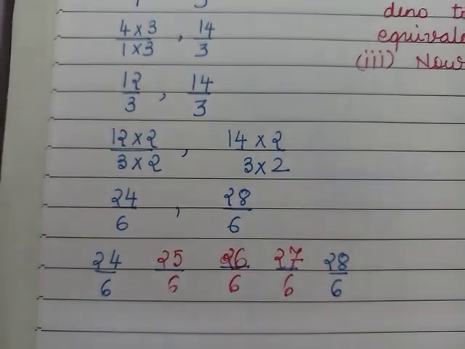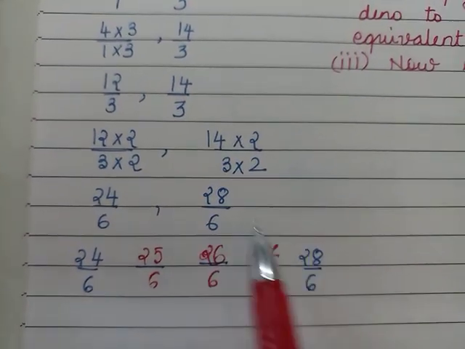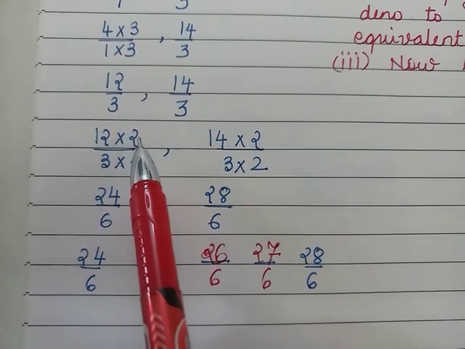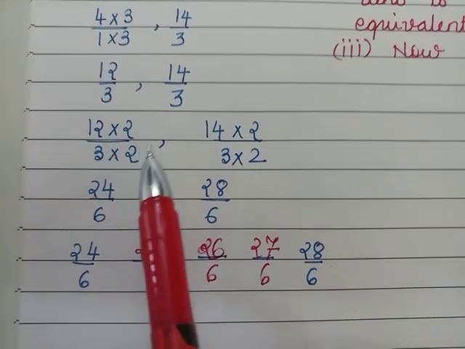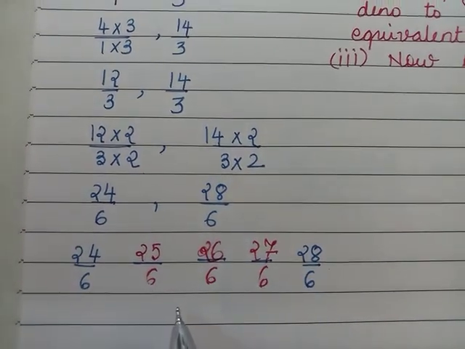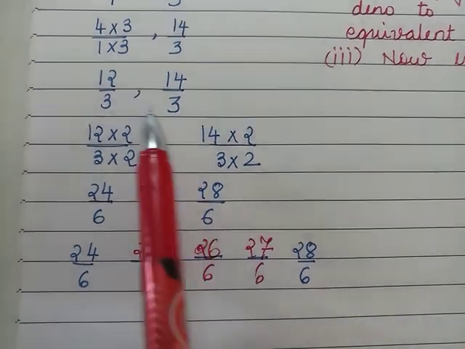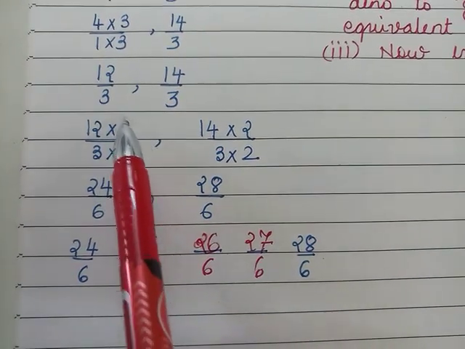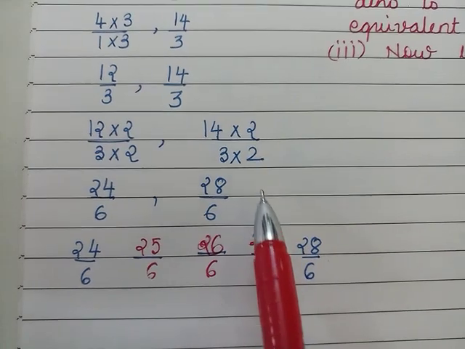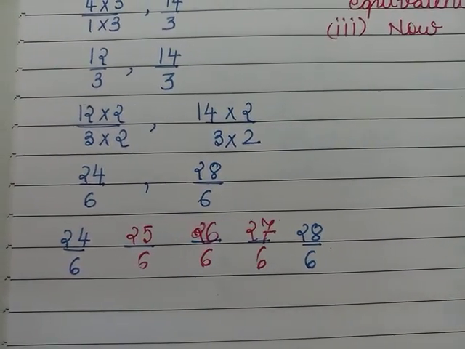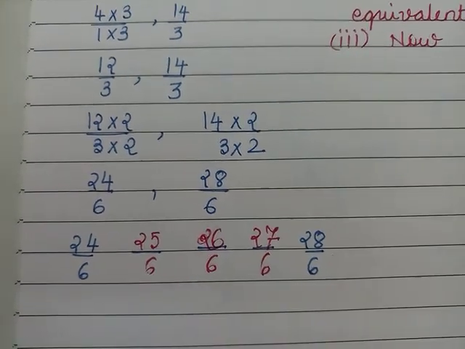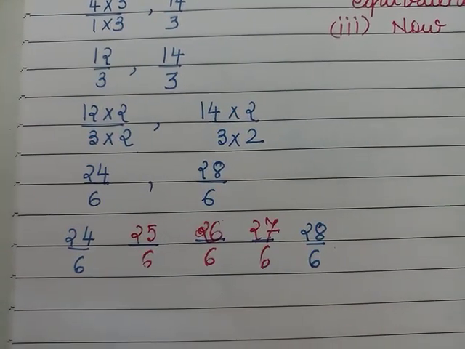If they ask you here to insert 5, then I would not have multiplied with 2, I would have multiplied with 5 only or with 6. So it becomes easy to insert more. But by which number do we multiply? We multiply with the number of rational numbers to be inserted. Let's have a look at more examples of that.